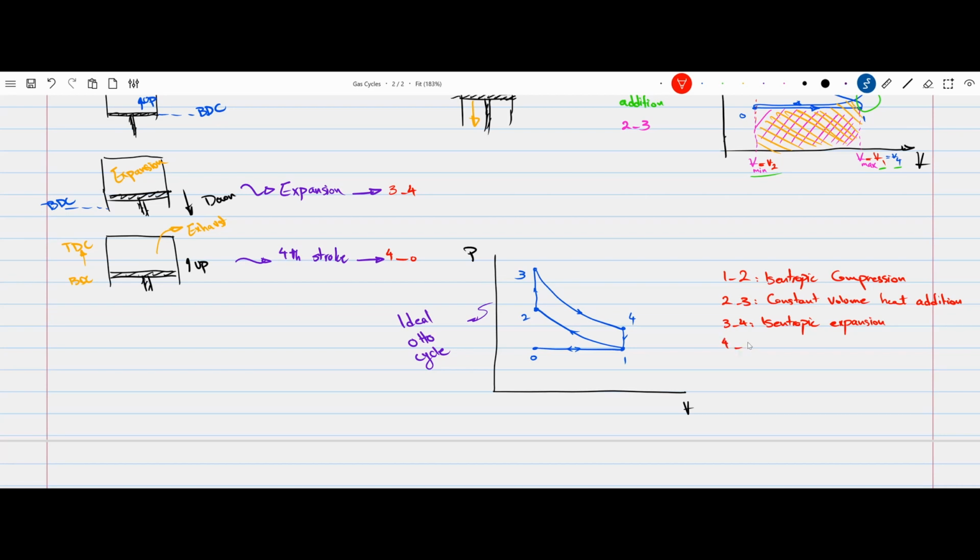And 4 to 1 is a constant volume heat rejection.